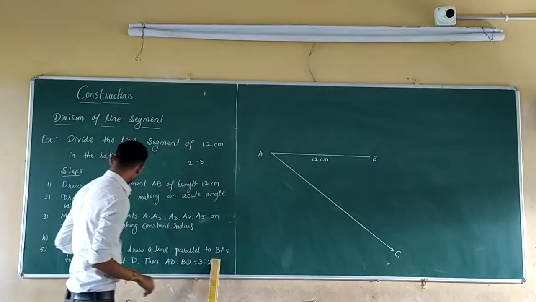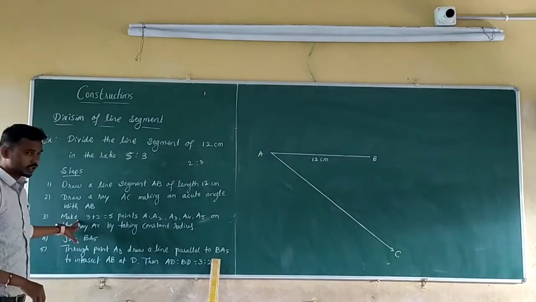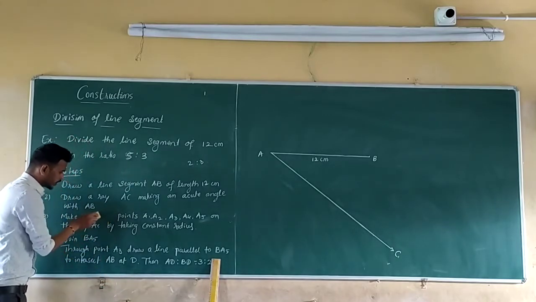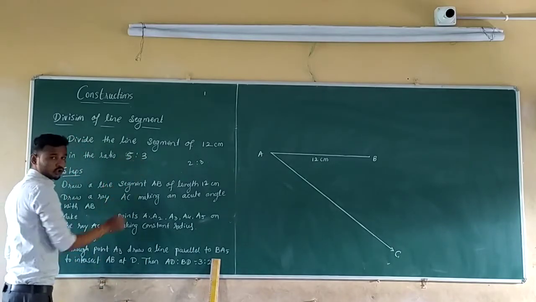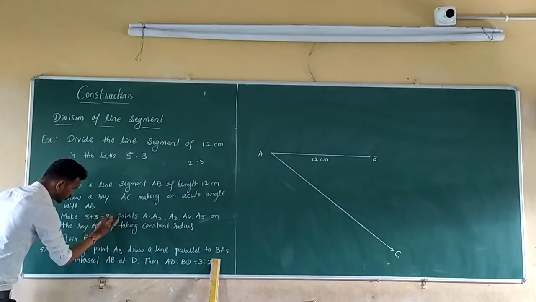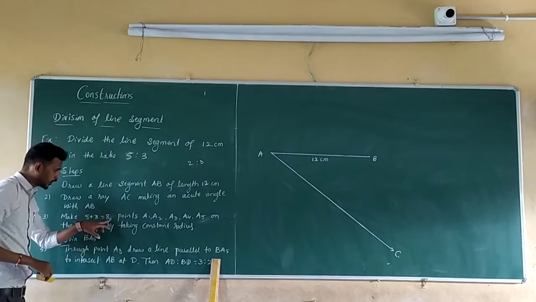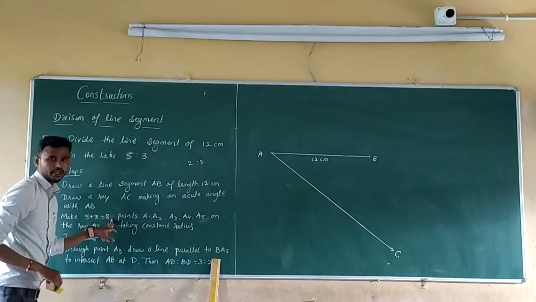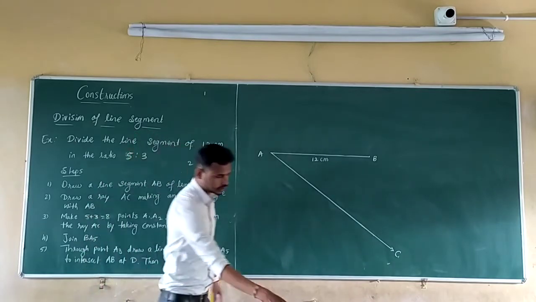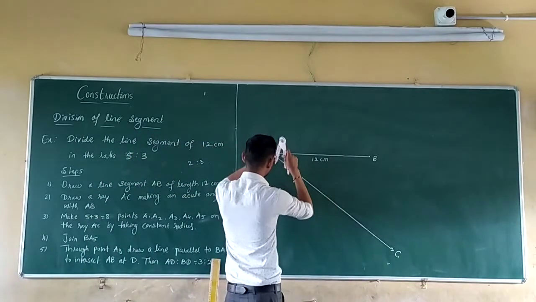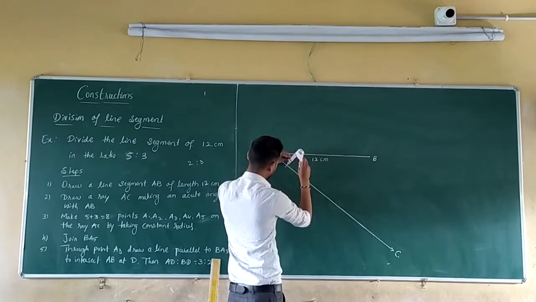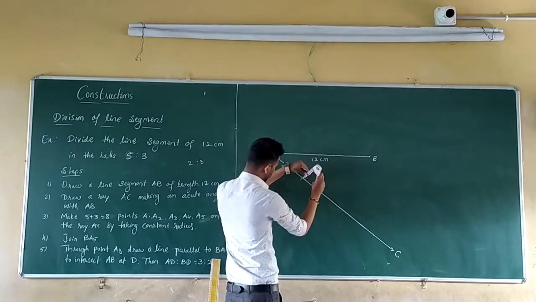Next, third step. So how many points do we need to make here now? What ratio are they given? 5:3 means add those. 5 plus 3 equals 8, which means you need to make 8 points on the ray AC by taking a constant radius. So now take some radius. So mark 8 points.